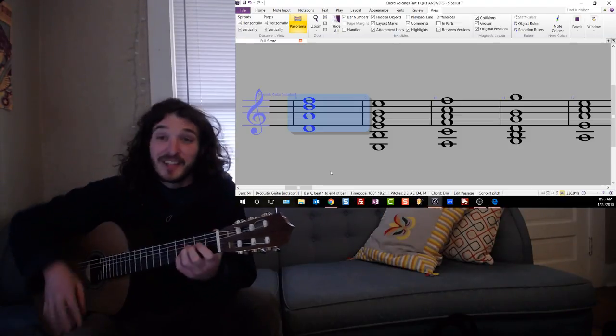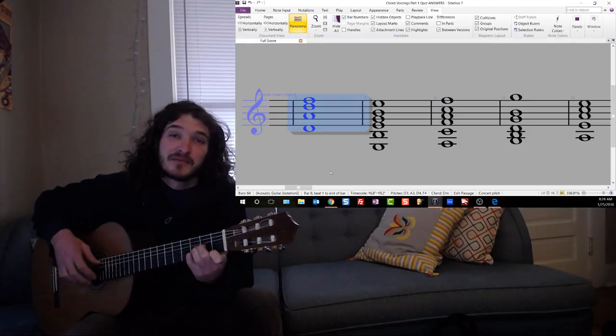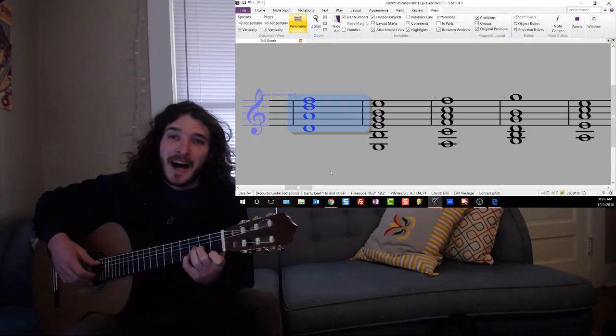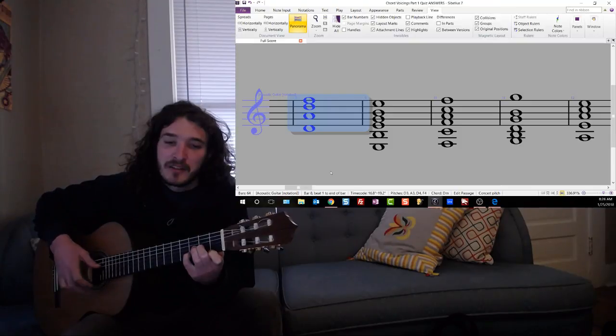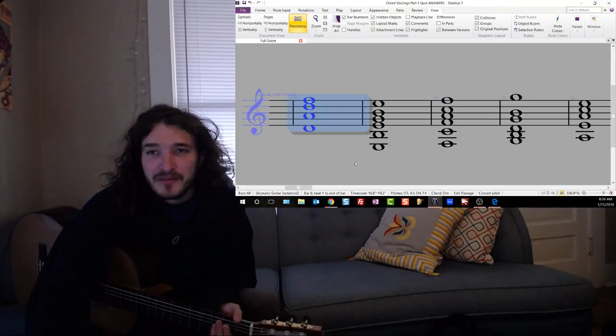Couple more moments. This is D minor, voicing 5, which goes 5, 4, 3. D minor, our 2 chord.